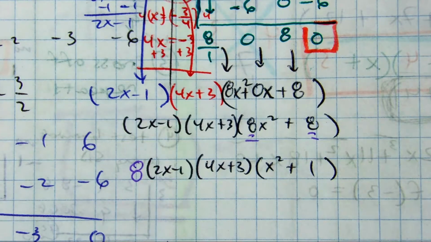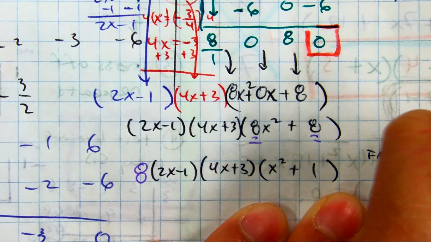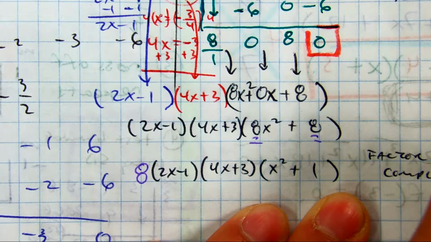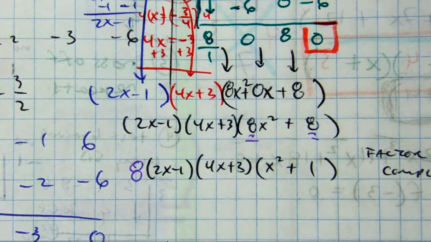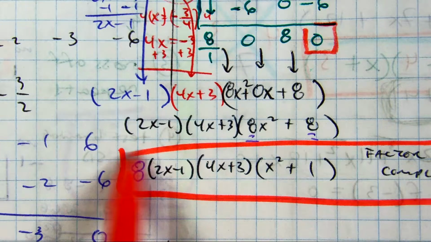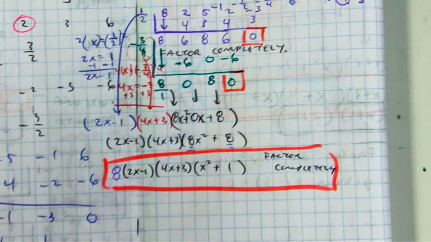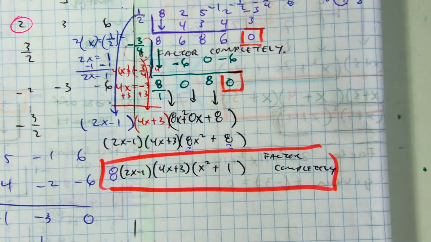Okay, so this would be our answer if I said factor completely. But let's just go one more step and show you guys what it means to find all zeros.